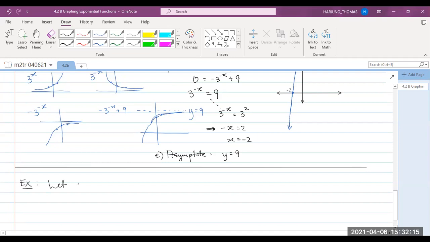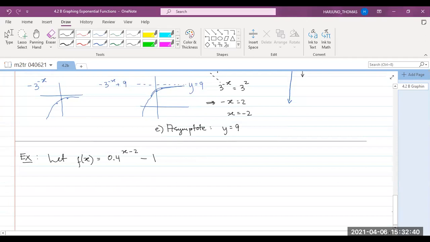Let f(x) equal 0.4 to the x minus 2, and then minus 1. So first, what is the domain?